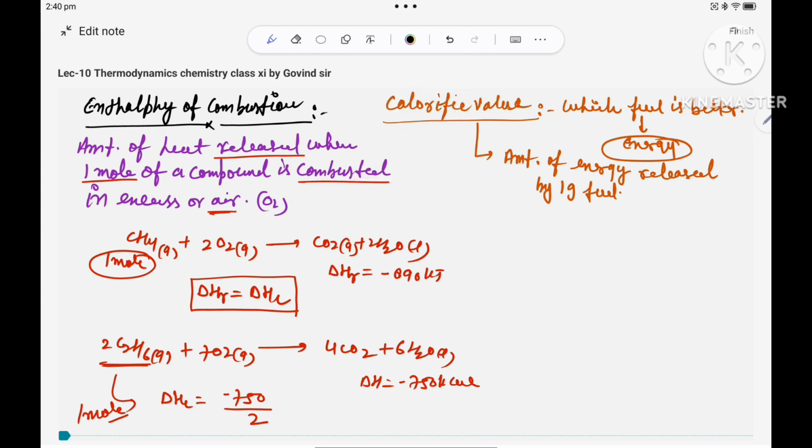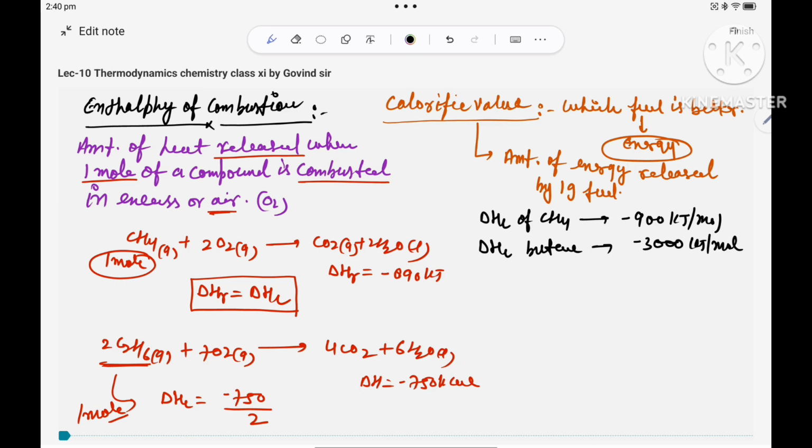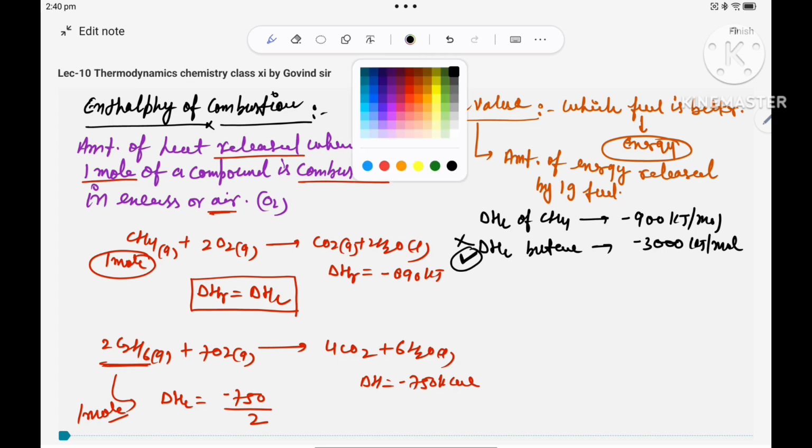Like given enthalpy of combustion of methane is minus 900 kilojoule per mole, and enthalpy of combustion of butane is minus 3000 kilojoule per mole. Which one is better fuel? So according to you, you can say that this, but it is wrong, because we have to check for 1 mole. Okay, so check it how.